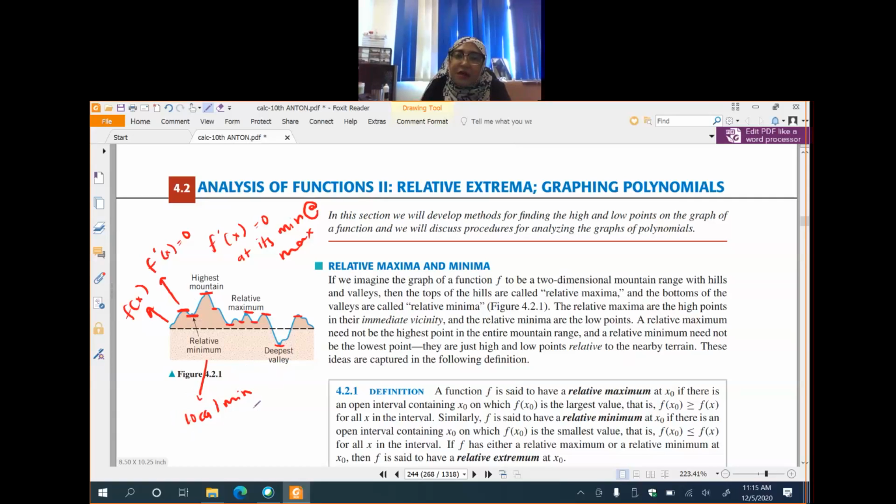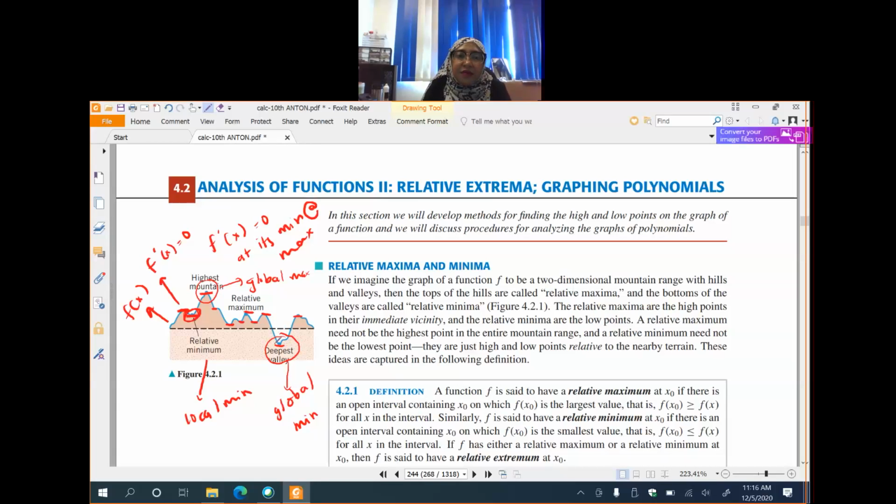You might just consider this part only. But for the highest mountain over here, this is the global maximum. And for the lowest point here, this is called global minimum. So for all the values of x, f reaches the minimum value here.